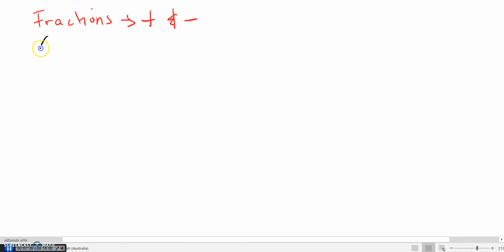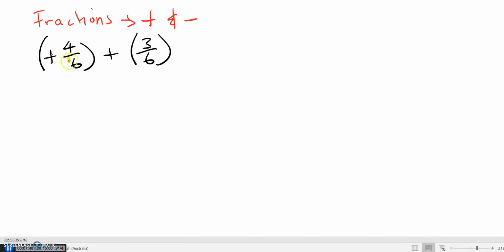So if we have something that looks like positive 4 over 6 plus 3 over 6, the denominators are the same. We can just go ahead and add those together nice and easily. When we add and subtract, the denominator must remain the same in the answer. And then we just add the top numbers together, the numerators.